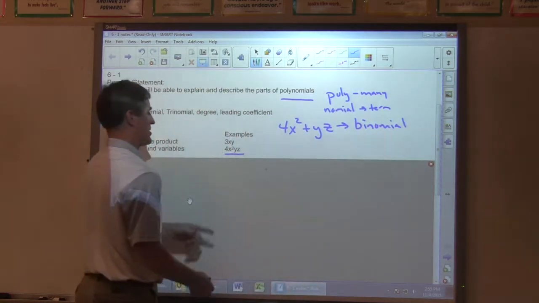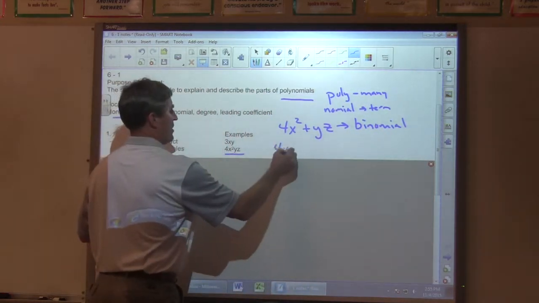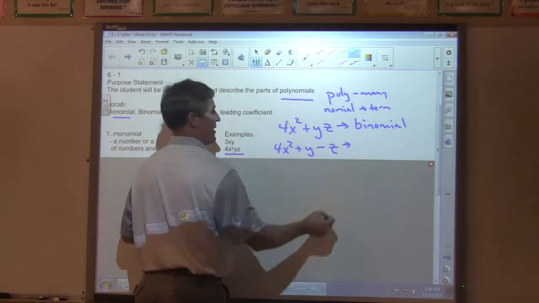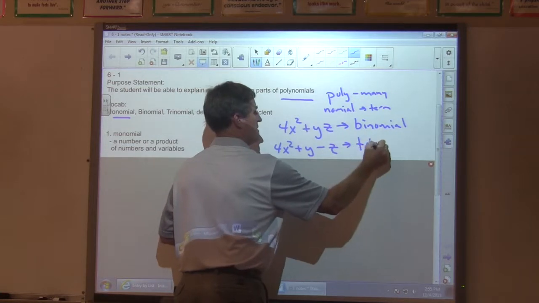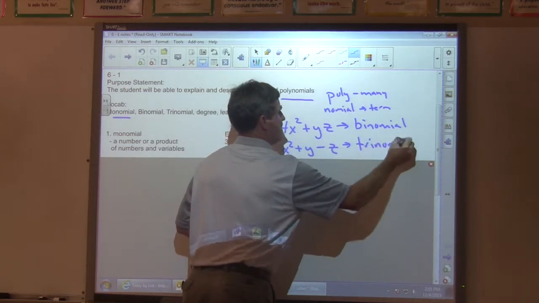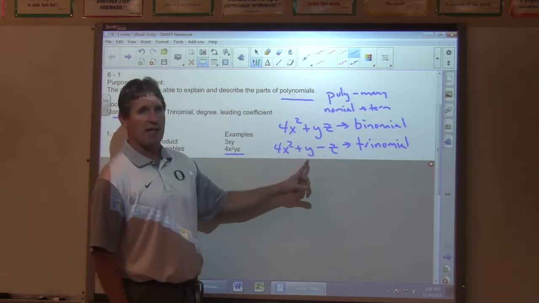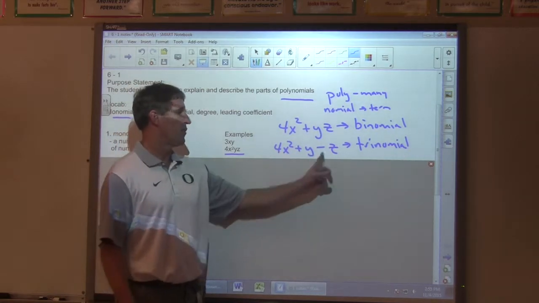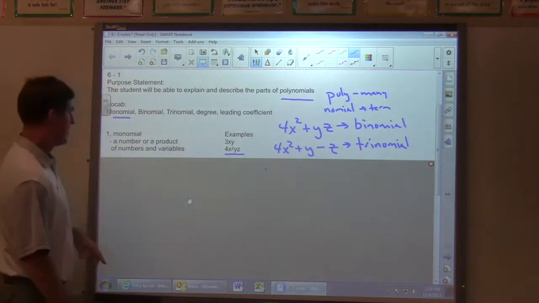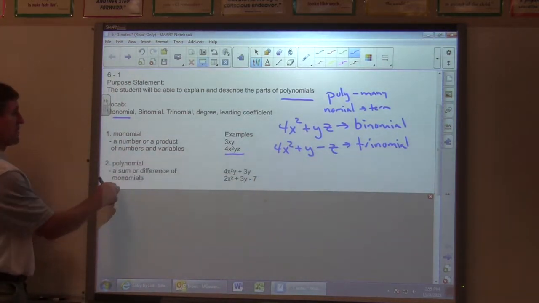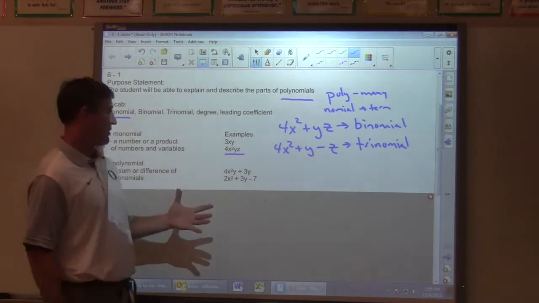because it's two terms. If we took the exact same ones, that would be a trinomial because, again, terms are separated by addition or subtraction signs. So that would be three terms. So a polynomial is just the sum or difference of a group of monomials.